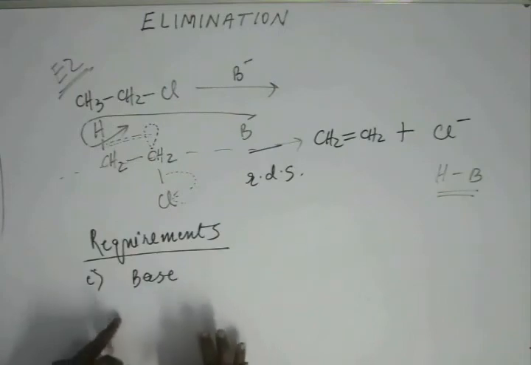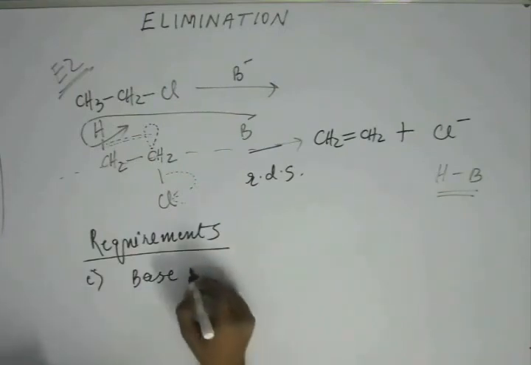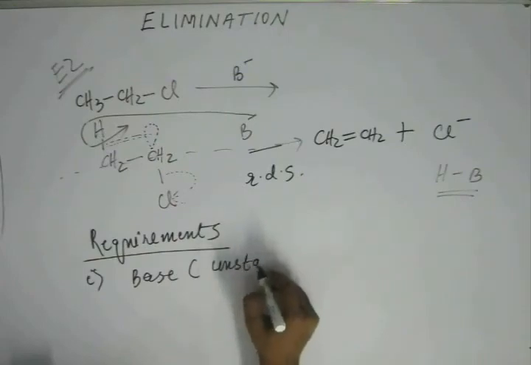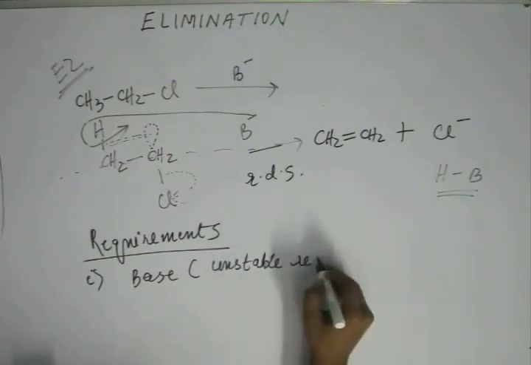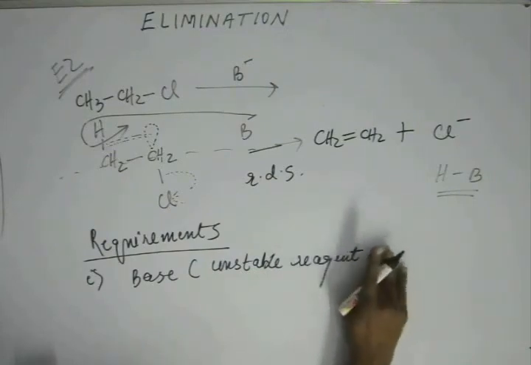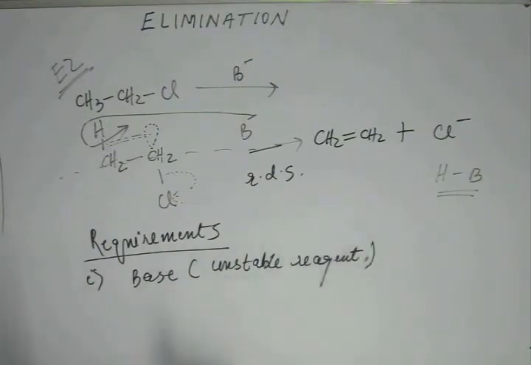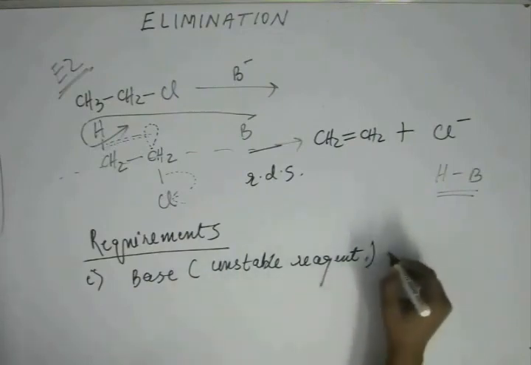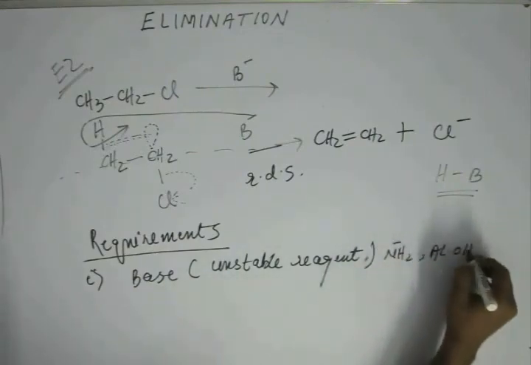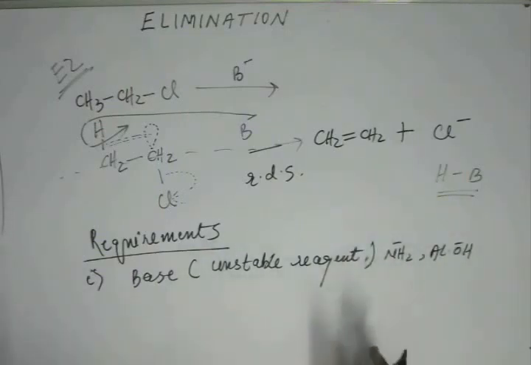So when we say that a base is required, actually we mean a relatively unstable reagent is required, right? So a base is required. For example, amide, NH2 minus, or alcoholic OH minus. These two are the common bases that we will encounter in organic chemistry. So this is of course one natural requirement.